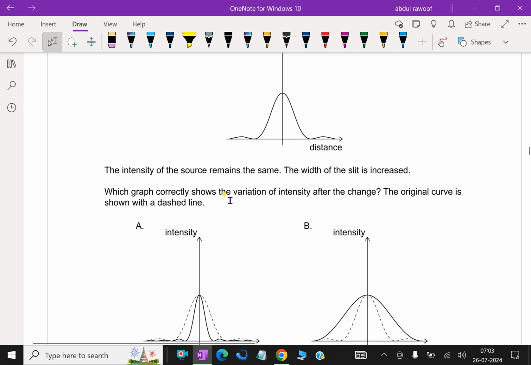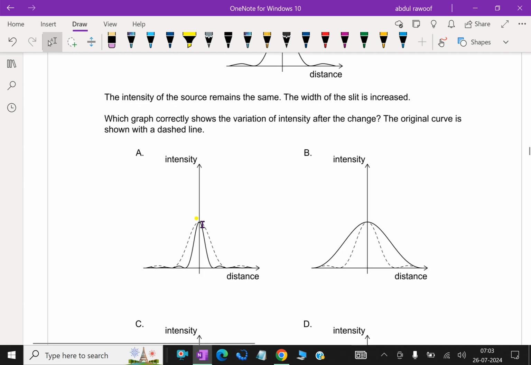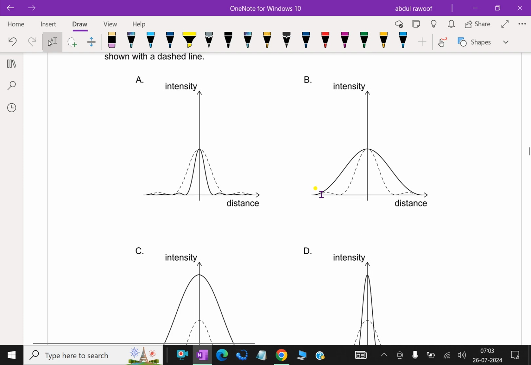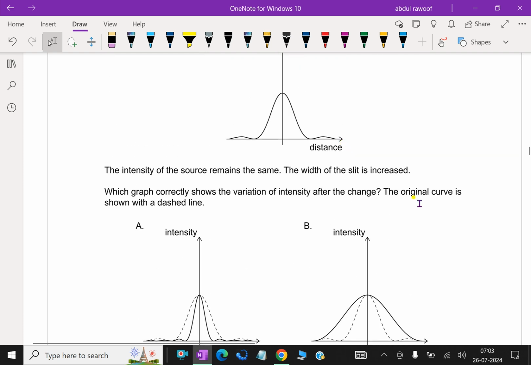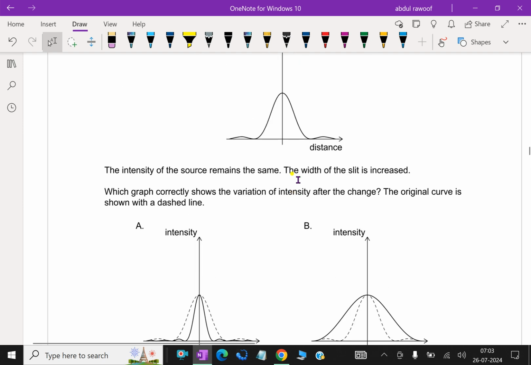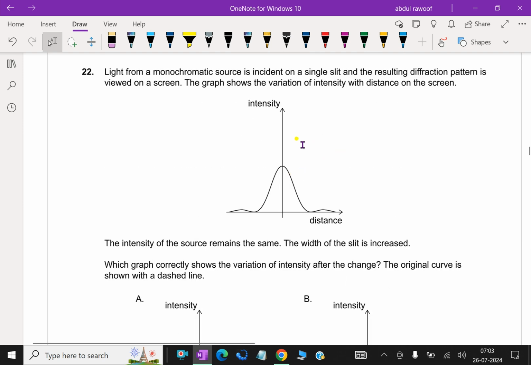The original curve is shown in dashed line. Here, the intensity is increased because the slit width is increased. So the option is D.